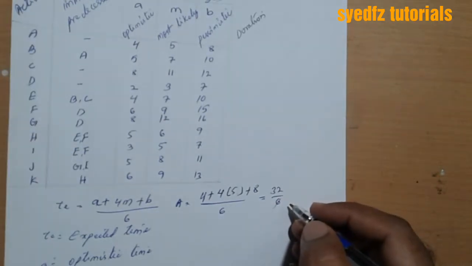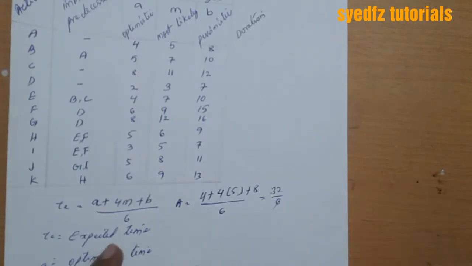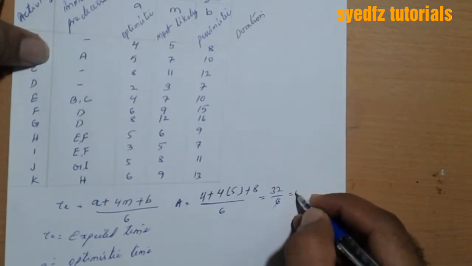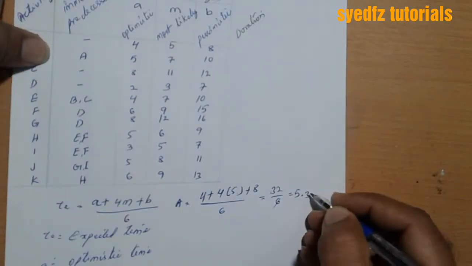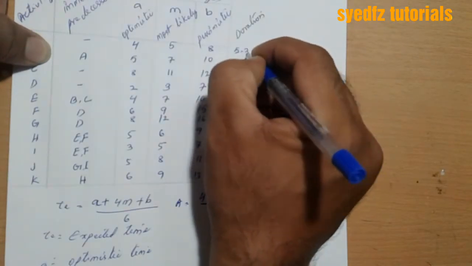We cannot calculate this by table, we can only divide. Divide it, it will be 5.3. So the first one is 5.3.